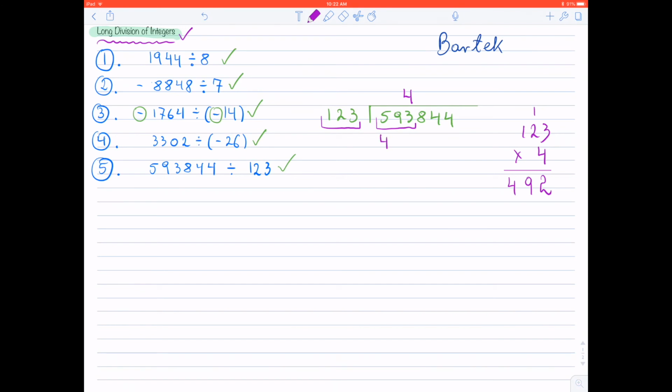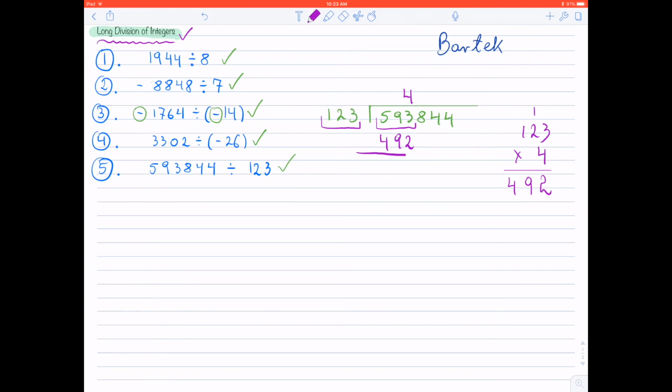So I have 492 here for this one. Okay, so let's just double check, make sure that it's okay. So 4 times 3 is 12, carry the 1. 4 times 2 is 8, plus the 1, and that. Okay, so this is what we have here.